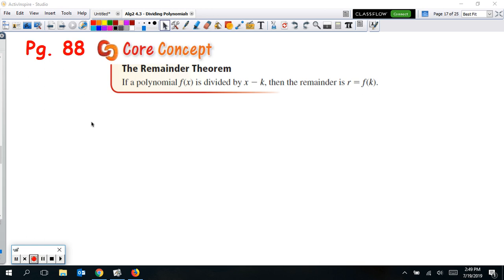So the multiplier that we've done before, you look at your divisor, you find your multiplier. So again, you're still going to find the multiplier here, like synthetic division. With the remainder theorem, you're going to find the multiplier as well, that same number. The multiplier in this case is our input number. We're going to put that into our function, and then the remainder would be the output.